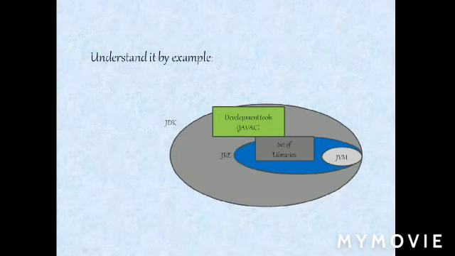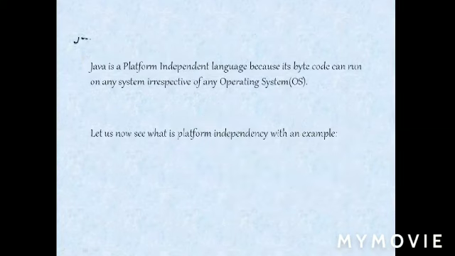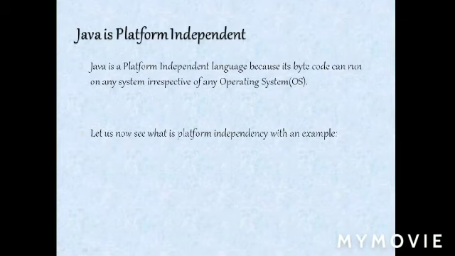Now we will see why Java is known as a platform independent language. Okay guys, let me tell you what platform independence is. Platform means the OS that you are using. For example, if I am using Windows OS, that means I am using a Windows platform. If I am using a Linux OS, then I am using a Linux platform.